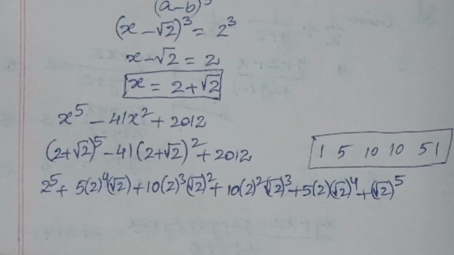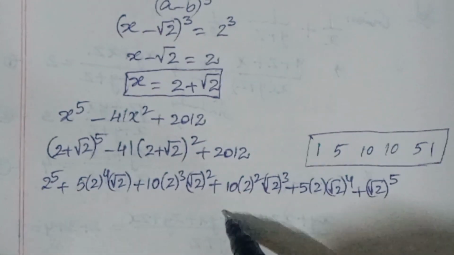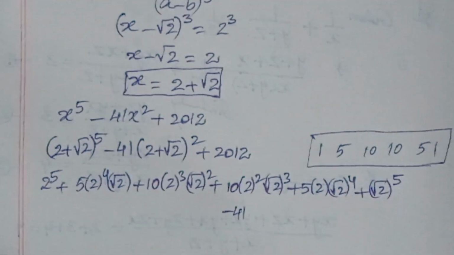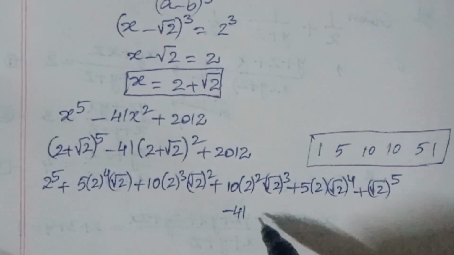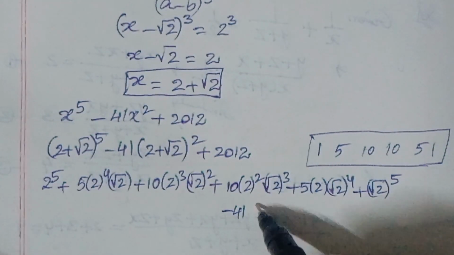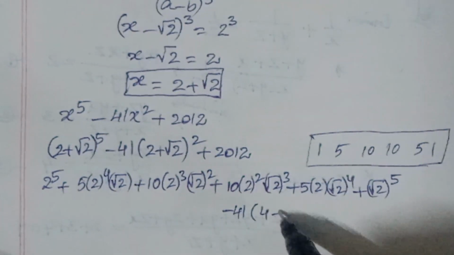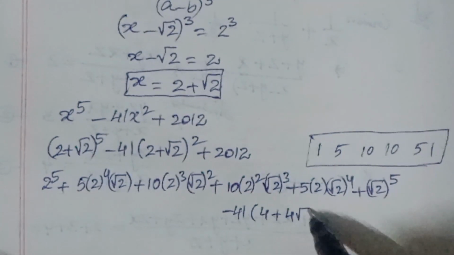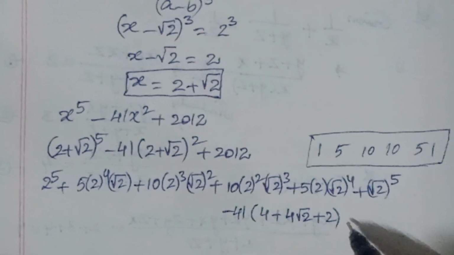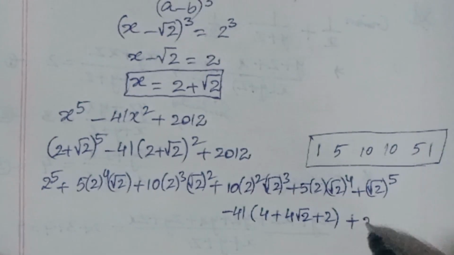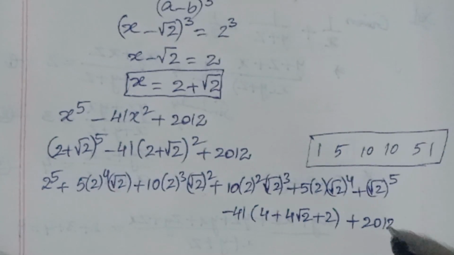Okay, now minus 41 into 2 plus root 2 whole square, that is a square plus 2ab plus b square, plus 2012.